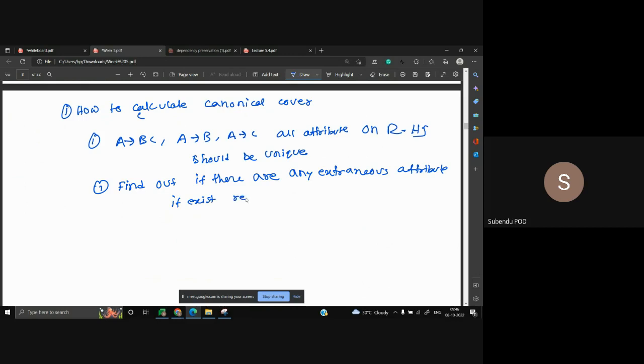And the third step is to find out if there is a redundant FD. If there are any redundant FDs, then you have to remove them, right? So let's see with the help of an example.